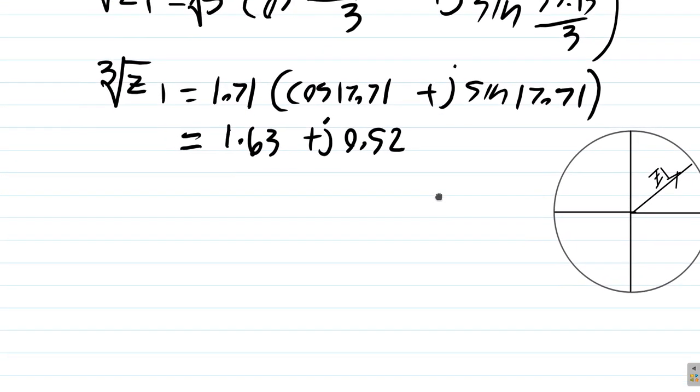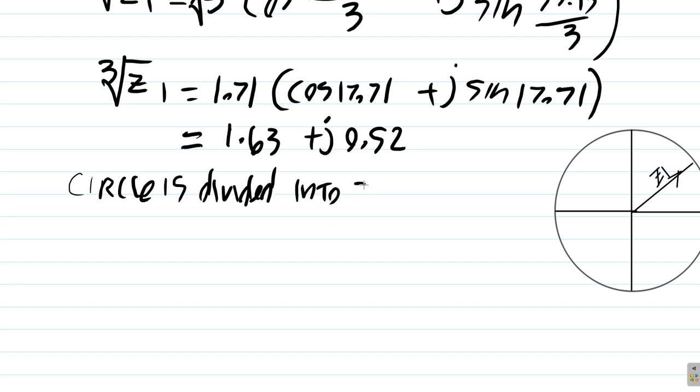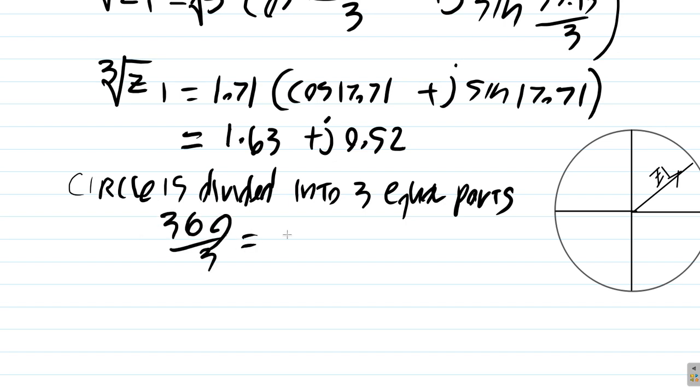Now here, the circle is divided into 3 equal parts. That is 360 over 3, which is what? 120 degrees.